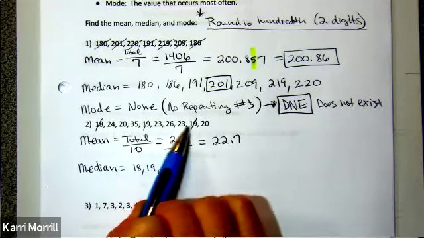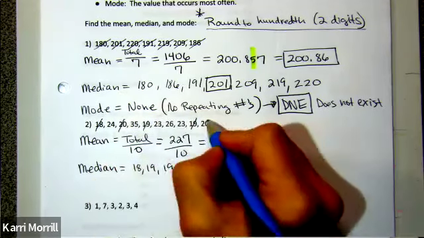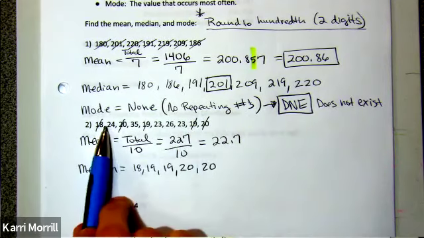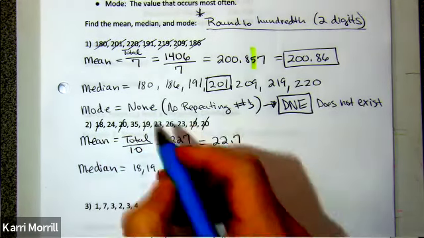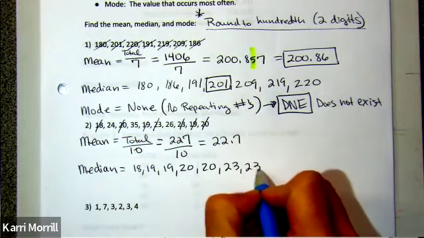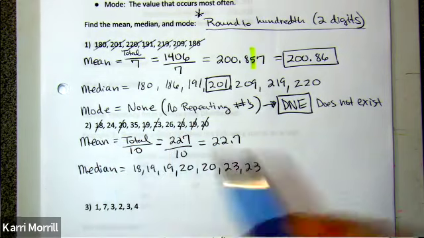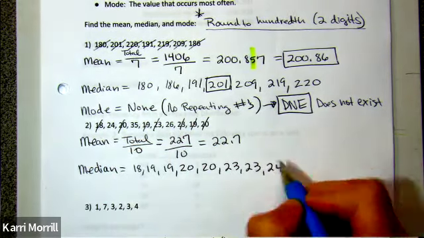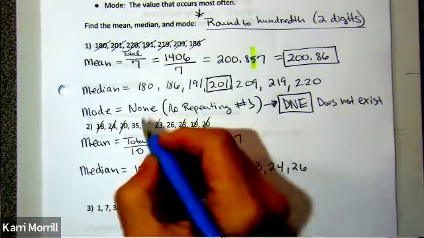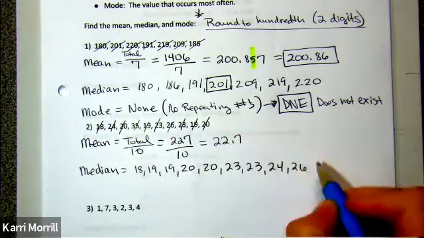And then we have 2 20s. And then we have no 21s or 22s, but we have 2 23s. Then we have a 24. And then we have 26 and 35 at the end.